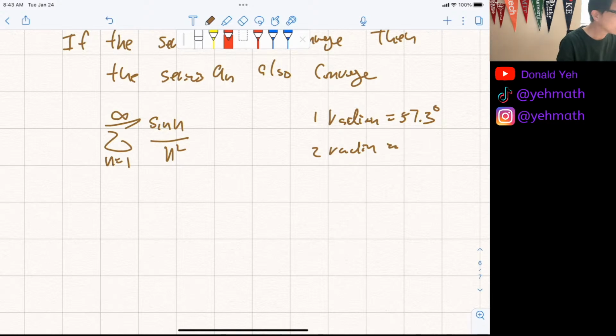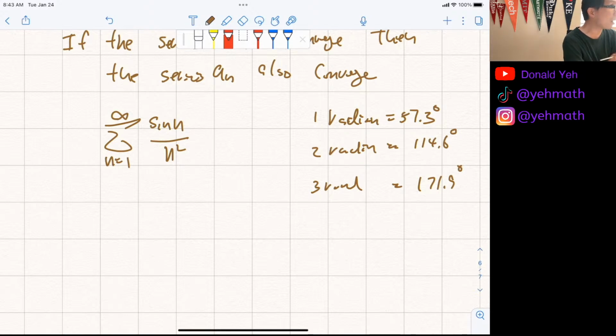If I know how to add. 114.6 degrees, and 3 radians is what? 171.9. Okay.